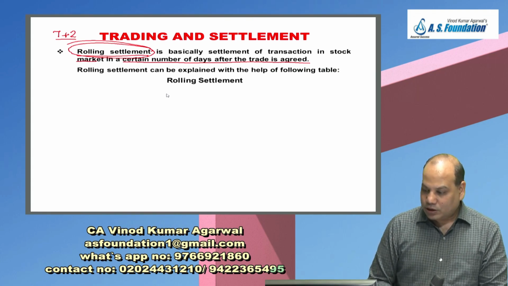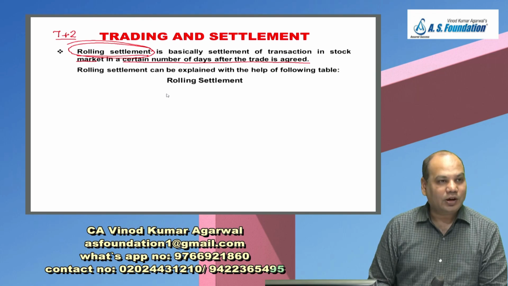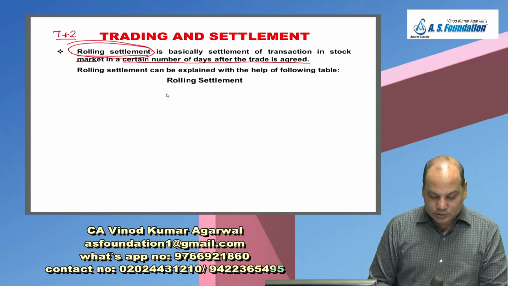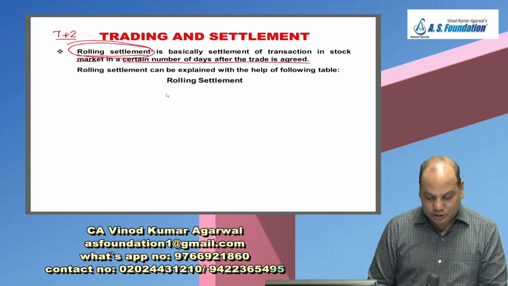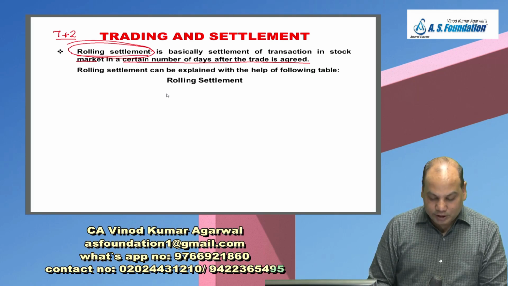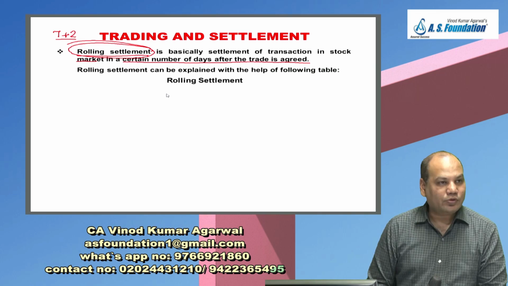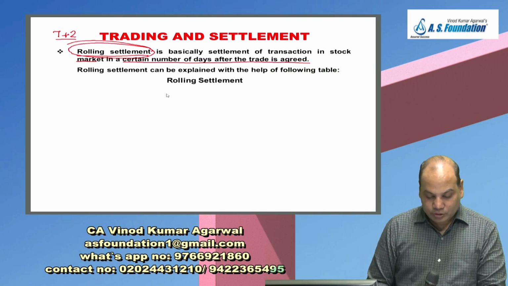There is an organization called NSCCL. What is the full form of NSCCL? National Securities Clearing Corporation Limited. It confirms the trade from the stock exchange. Then NSCCL processes and downloads the obligation files to the brokers.